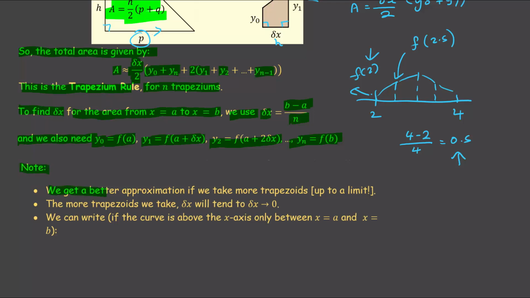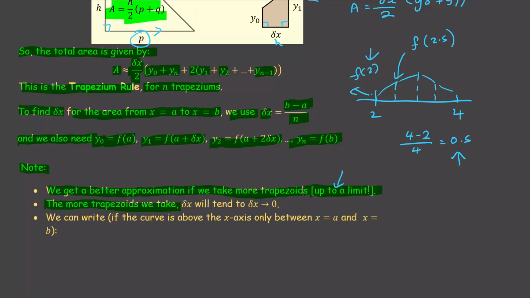Note, we get a better approximation if we take more trapezoids, up to a limit. I mean, all we can get at the end of the day is as close as you like to the true area, and you might get to a point where you can't tell the difference between the true area and your trapeziums to the accuracy of your calculator, but you can't actually get exact with all those straight lines, except in an infinitesimal case, which would be doing the actual integral.